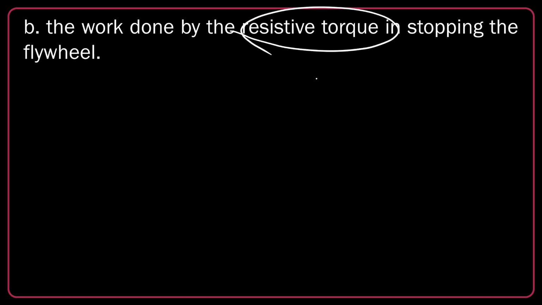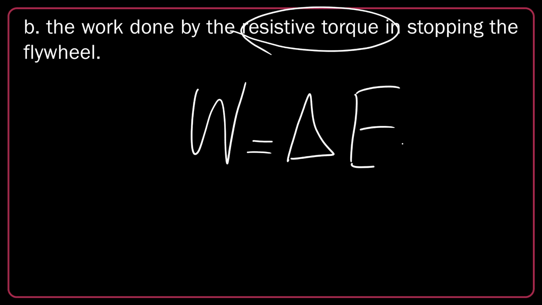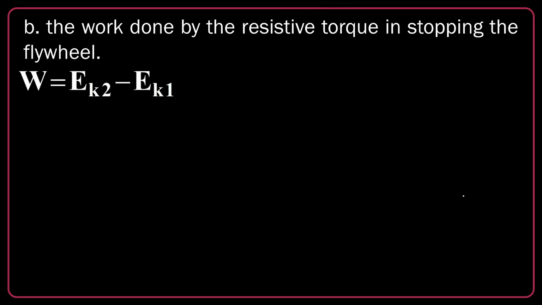Part B. The work done by the resistive torque in stopping the flywheel. Okay. As the resistive torque is the only torque acting on the wheel for the time being, it is the net torque. Work done by the net torque acting on the system is supposed to be the change in kinetic energy. So let's write it like that.